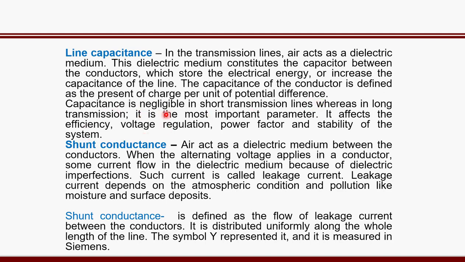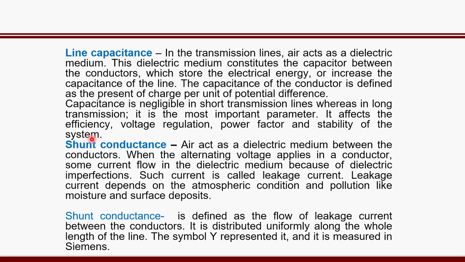Capacitance is negligible in a short transmission line, whereas in a long transmission line it is the most important parameter. It affects the efficiency, voltage regulation, power factor and stability of the system.